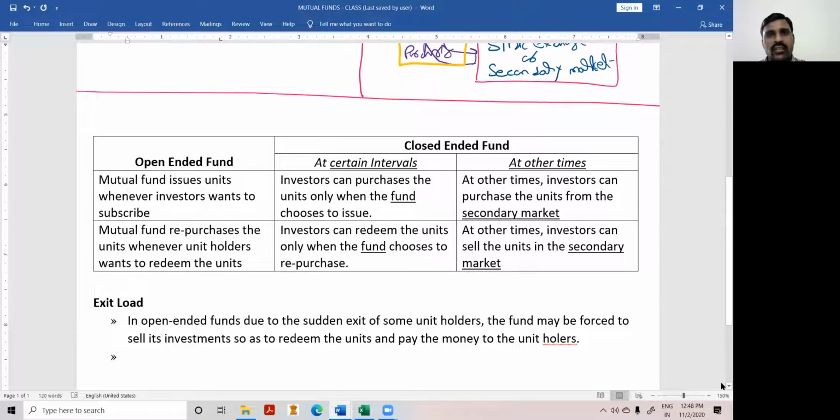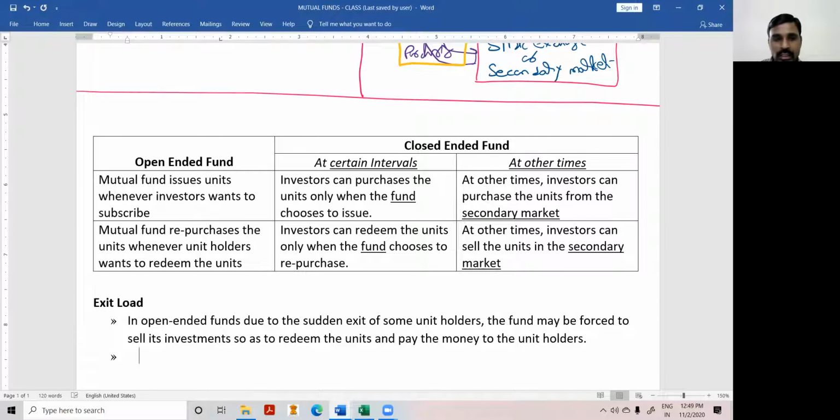If you don't have any liquid assets, we have to sell our fixed assets to pay the creditors. As simple as that. If we have current assets like cash equivalents, we can use them to repay the creditors. If you don't have current assets, but the creditors are forcing us, what to do? No option is left to us. We have to sell the fixed assets. But selling the fixed assets will reduce the income earning capacity. In a similar manner, selling the investments will reduce the fund.